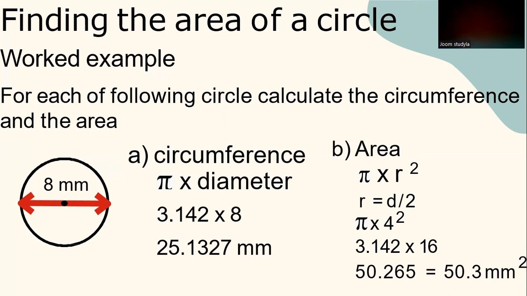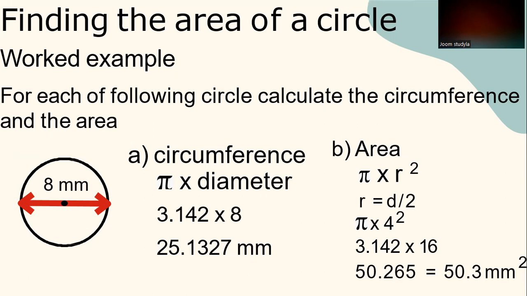And how to calculate the area of the circle? To calculate the area of the circle, you have to remember this formula, which is pi times r to the power of 2. In this case, to find r, r is equal to d divided by 2.